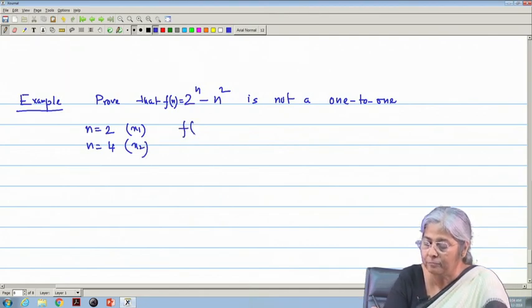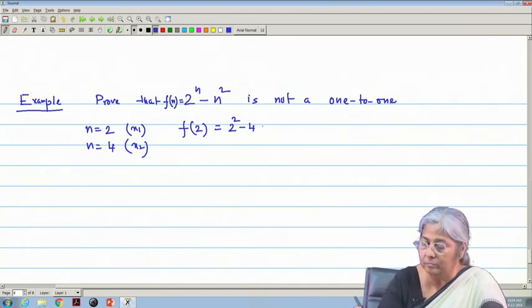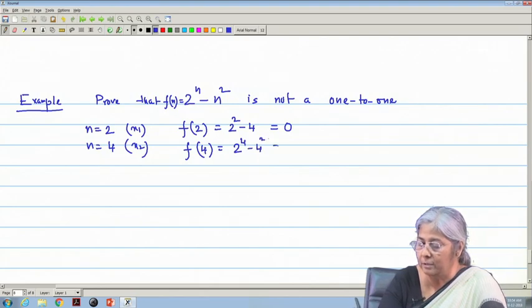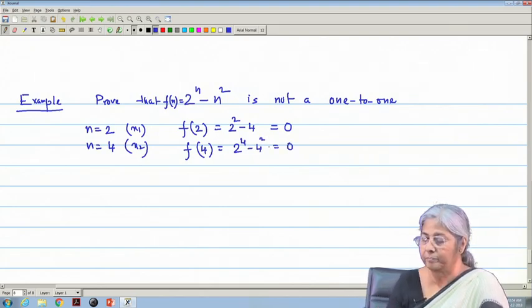Now, what is f of 2? f of 2 is 2 square minus 4, which is 0. I have f of 4 is 2 to the power 4 minus 4 square, which is 0.